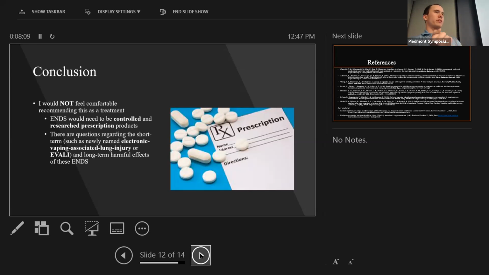And I spoke to a respiratory therapist who was mentioning she's seeing people come into emergency departments who have been using probably uncontrollable amounts of vapes, but they're seeing EVALI, which is electronic vaping associated lung injury already. So I think, like they said, it would need to be controlled research prescriptions where you really know what's going into them before you can really start to make a conclusion on that.